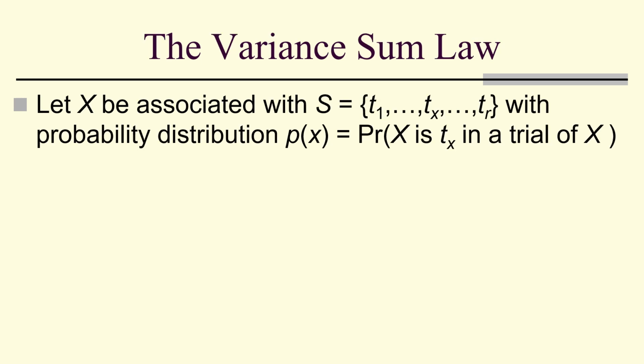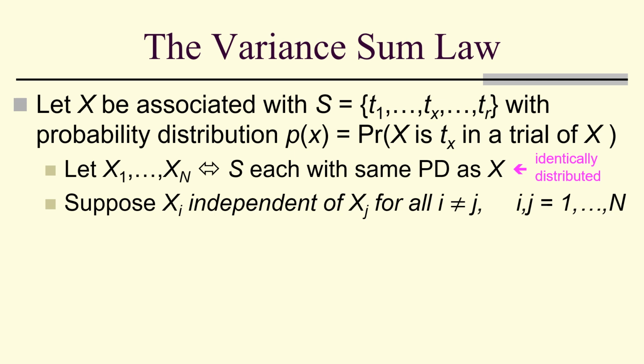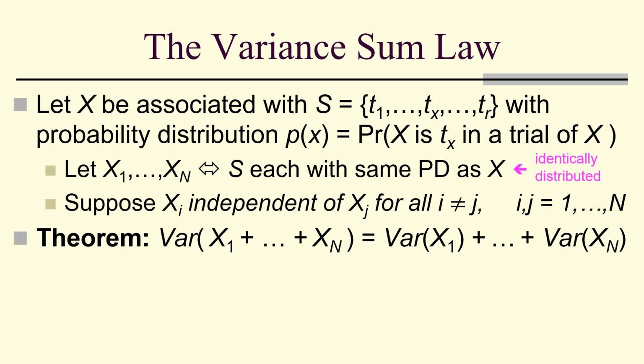So the variance sum law in general says if you've got x associated with some sample space and a probability distribution, and if x1 to xn are also associated with x with the same probability distribution as x, in other words, they're identically distributed, and if x i is independent of x j for all i not equal to j, which means they're independently distributed, we get this theorem.